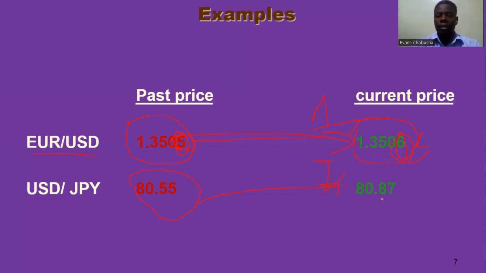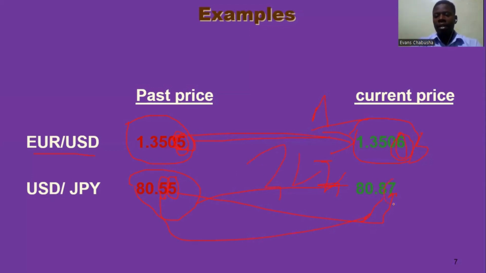The last decimal place has changed from 5 to 7. Then even the first decimal place has changed from 5 to 8. So this pair has moved by 32 pips.